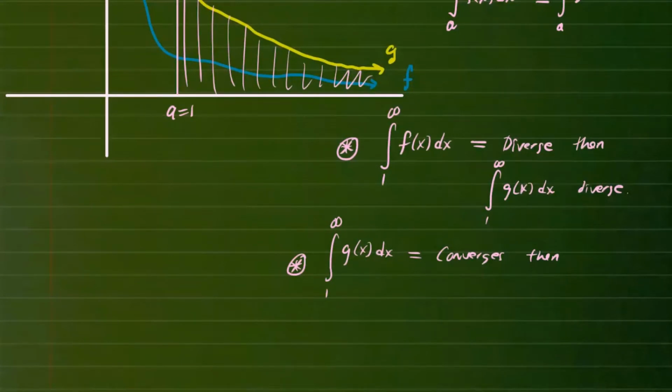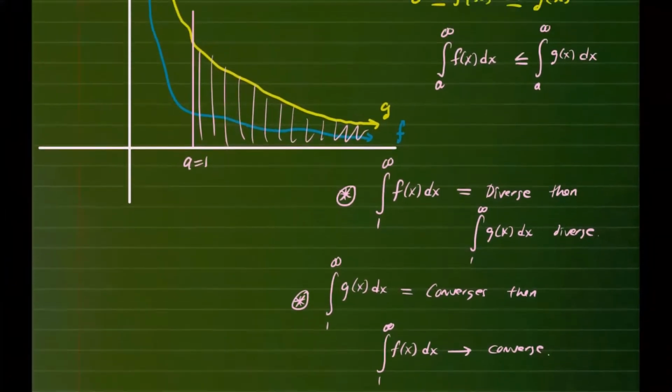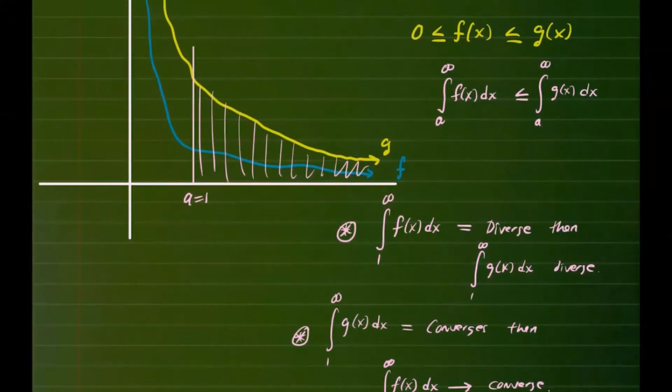Then we can say that the integral from 1 to infinity of the function that lies below will also converge, meaning you'll get to a number, a finite value, not infinity. So this is one big conclusion we can talk about when it comes to comparing functions. There are many other variations to this, but this is one that I think will be useful in many cases. It will definitely be useful in the example we're going to work out.